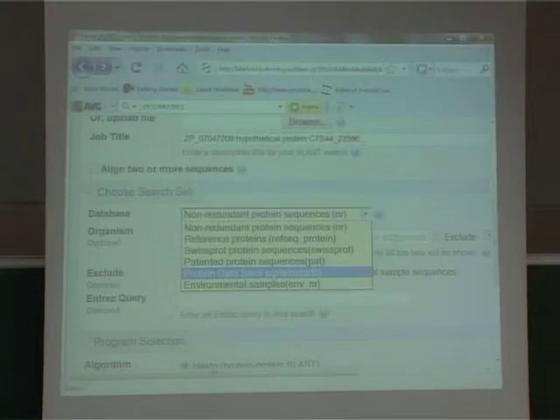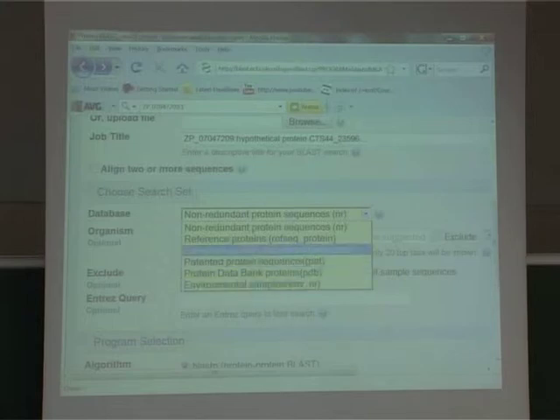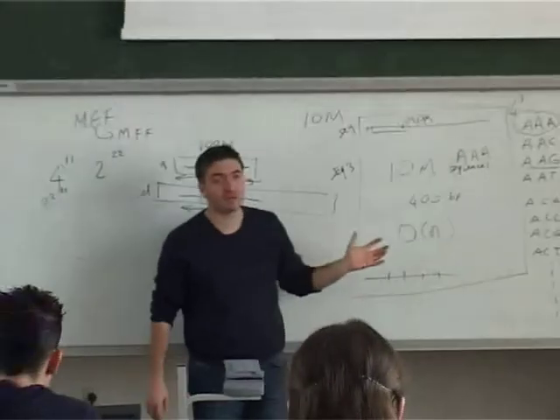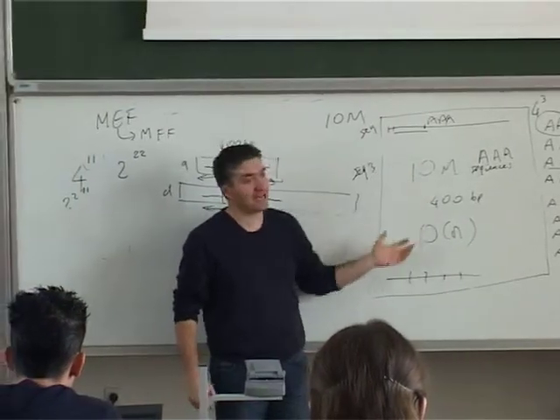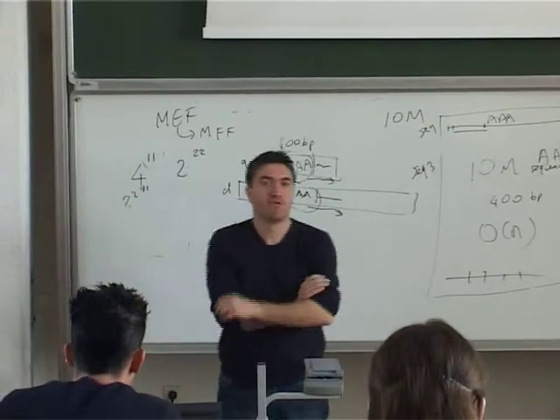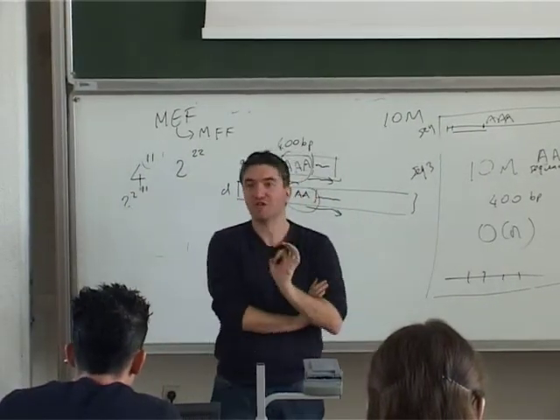Or there are patented protein sequences. I didn't know this before. Environmental samples, Swiss-Prot protein sequences, reference proteins, and non-redundant protein sequences, which contains around 10 million, it may be a huge number. Out of this, some proteins may be similar to each other, more than 95% sequence identity.